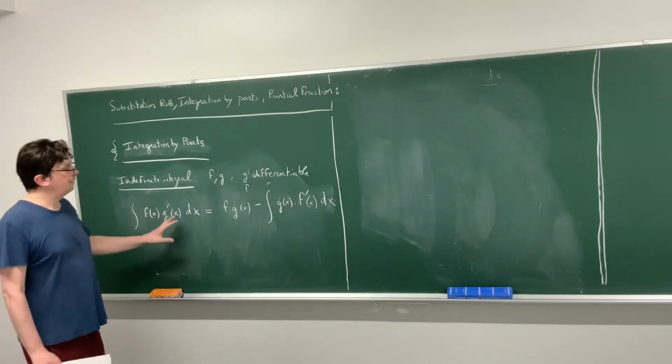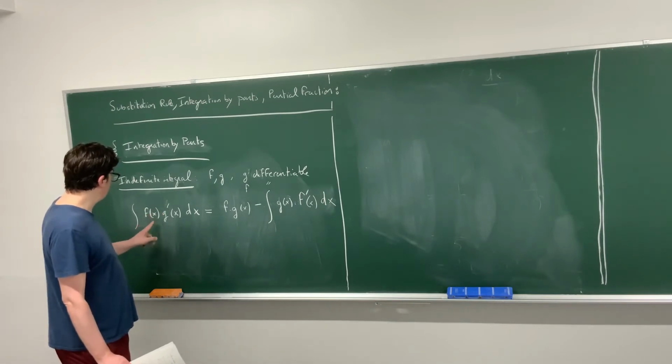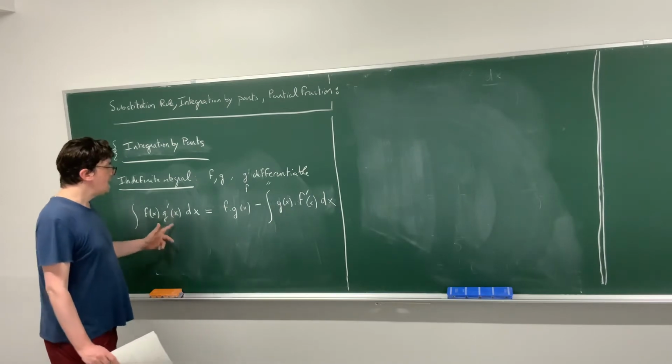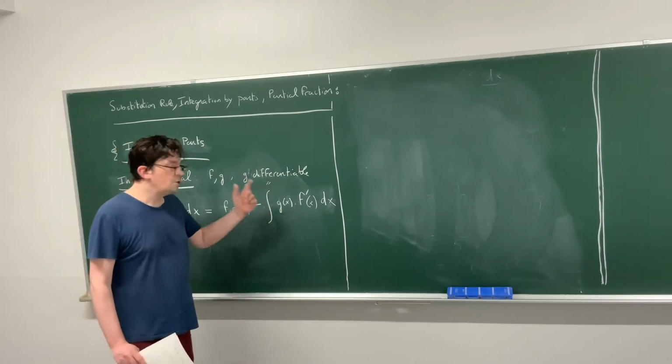Basically, you have to use this formula. First you have to determine what is f and what is g, isn't it? And g should be chosen such that this g prime, you know the antiderivative.